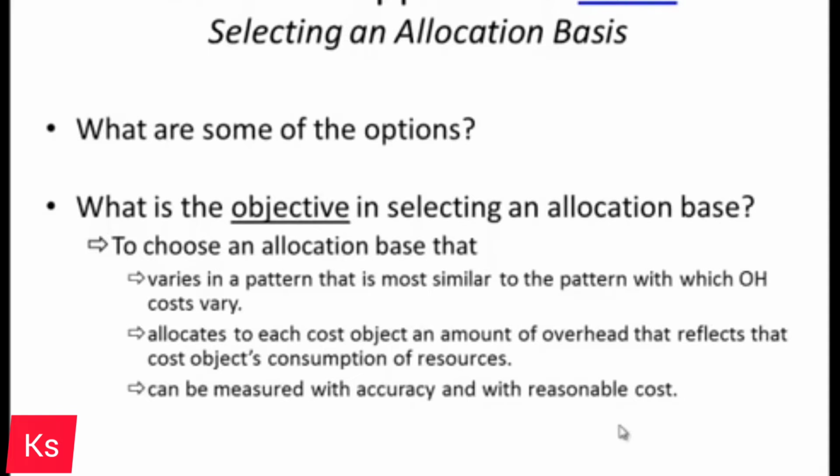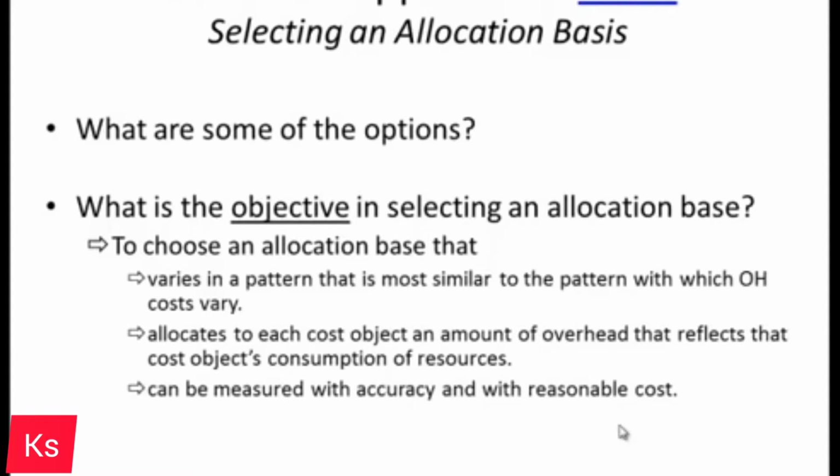So for example, if direct labor hours is closely correlated with the consumption of the overhead resources, then that would make direct labor hours a good candidate for being used as the allocation base. Ultimately, we want to allocate to each cost object an amount of overhead that reflects that cost object's consumption of resources. And we also need an allocation base that can be measured with accuracy and with reasonable cost.